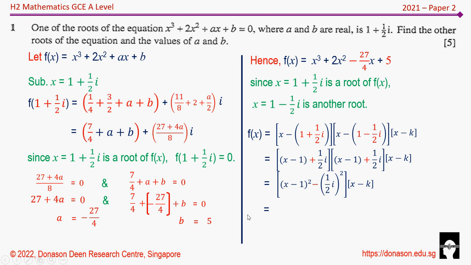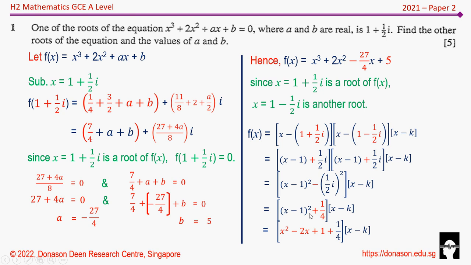Okay, so let us expand this. X minus 1 squared, if I were to expand using the formula a squared minus 2ab plus b squared, and this part half, if I square it, it's going to become 1 quarter, and I, if I square it, it's going to become negative 1. Negative 1 times a negative turns it into a positive 1 quarter. And the other factor, I'm still keeping it as x minus k.